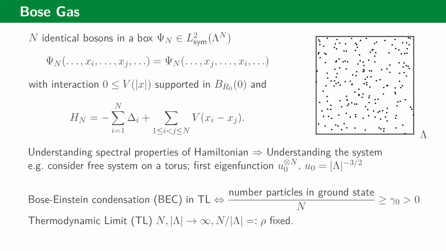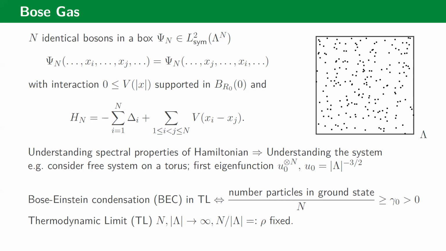If I know the eigenfunctions and the eigenvalues, I can very well describe the system. For example, this is what Bose and Einstein did pretty much 100 years ago, in 1924, 1925. They considered a free system. So let's forget about the interaction for a moment and see what happens.